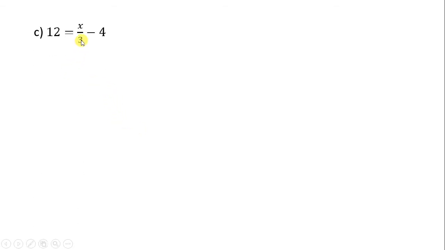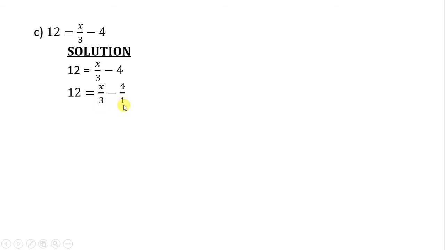Let's go to the next question. We have 12 is equal to x divided by 3 minus 4. When you look at this equation, there's a subtraction sign here. We cannot cross multiply until we have a common denominator on the right hand side. So we express 4 as a common fraction by putting a denominator 1.